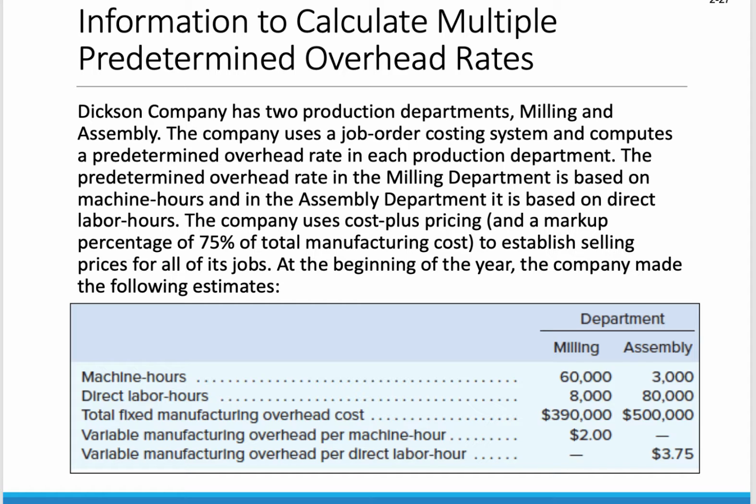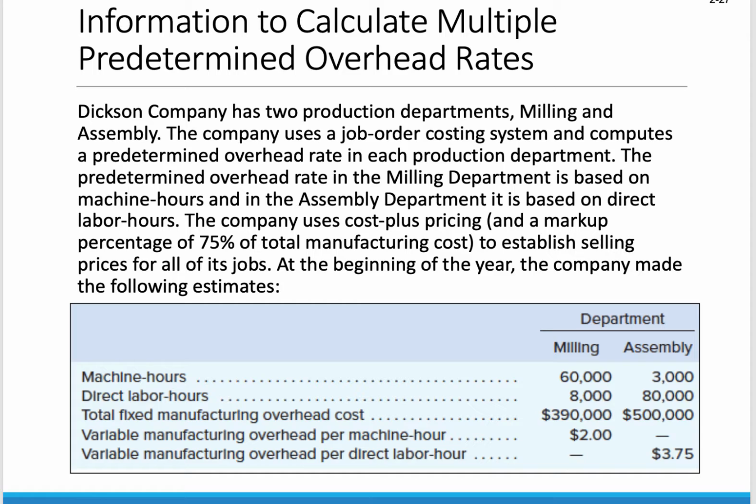Here's why. Whatever allocation base we use, whether it be machine hours or direct labor hours, one department is going to incur more of a cost than the other department, meaning we're going to allocate more cost to one department than another.